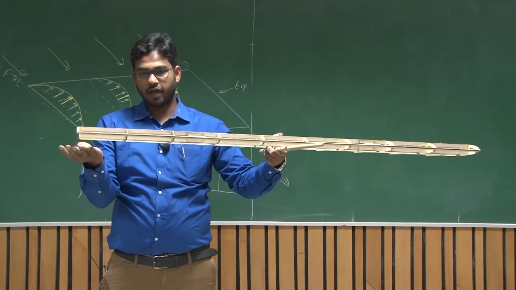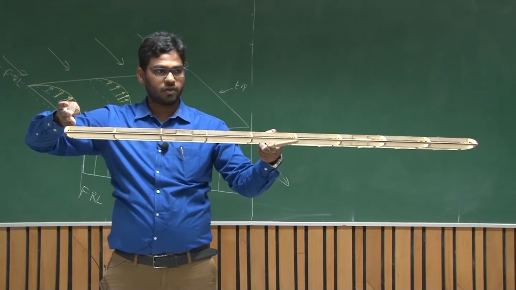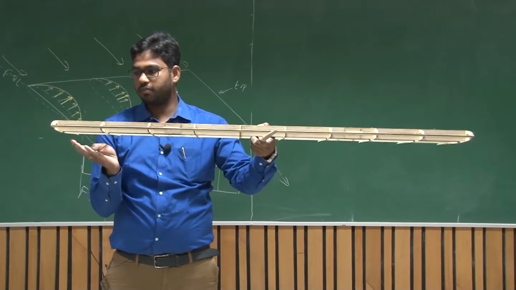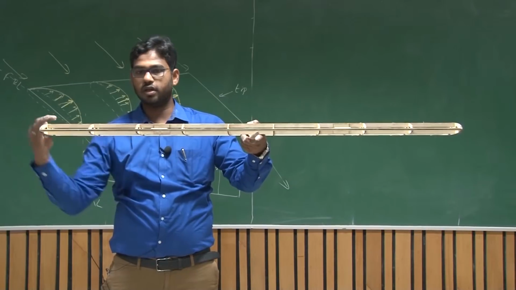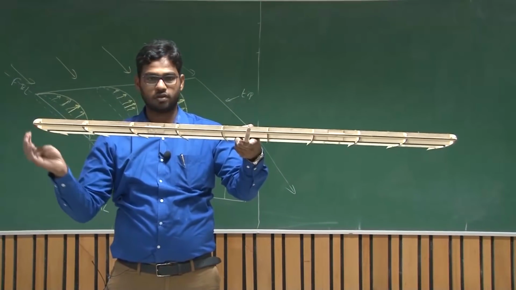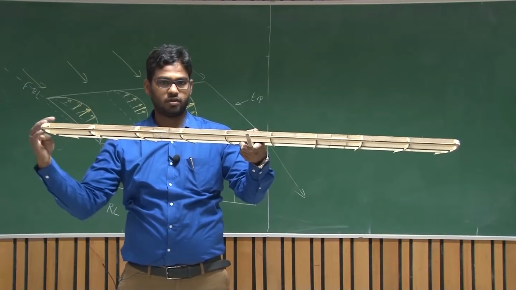Which means there is a higher pressure on the lower surface and lower pressure on the upper surface. Since this wing is abruptly ending, the flow near the tips will try to curl from the bottom surface to the top surface, that is, from the higher pressure to the lower pressure regime, right?